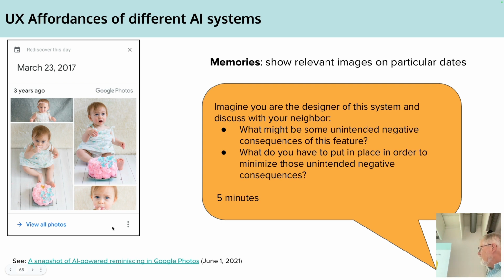And I guess the question for you as product designers is what might be some unintended negative consequences of this feature? What do you have to put in place in order to get around those problems? Talk about this for about 3 minutes with your neighbor, okay? And then we'll talk about what this could be. What could go wrong?